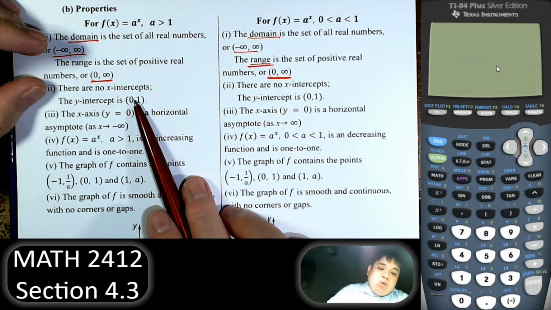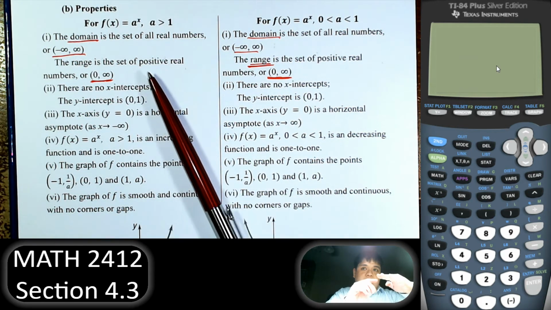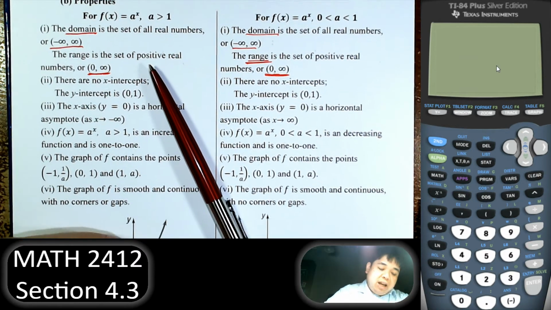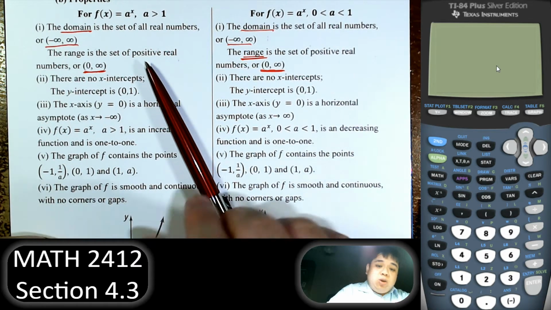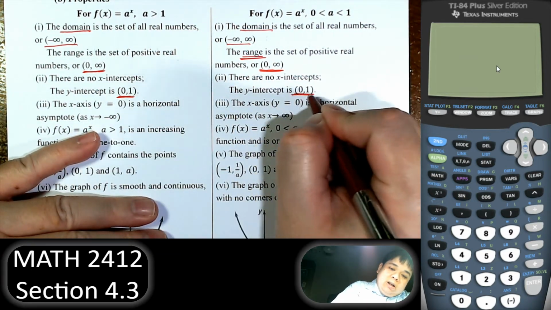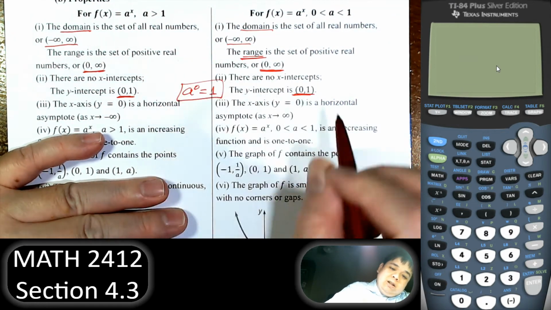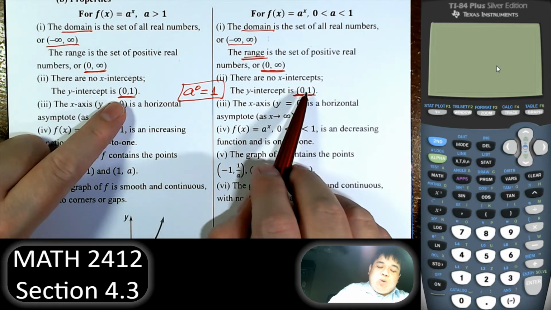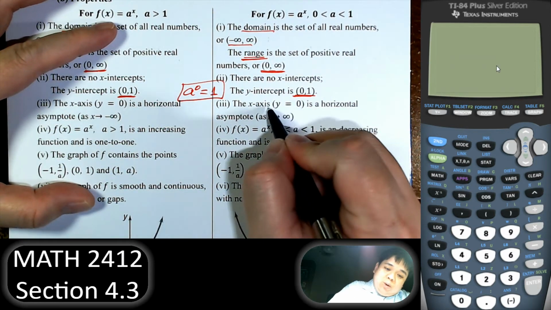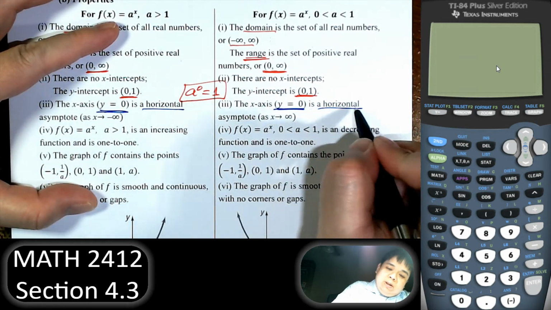Right, and this is what we said earlier. There is no x-intercept because the function is positive. It cannot get below the x-axis, so we will not intercept the x-axis. There will be the y-intercept (0, 1). That's simply because a to 0 power is 1. So when x equal to 0, y equal to 1. Y equal to 0, the x-axis, is the horizontal asymptote.